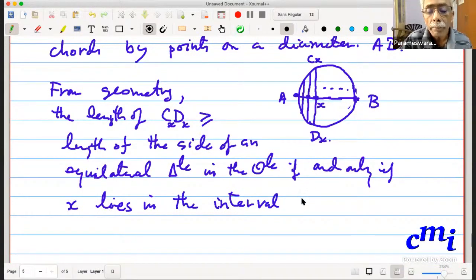I'm going to write here A1, B1. So this is some interval in AB.